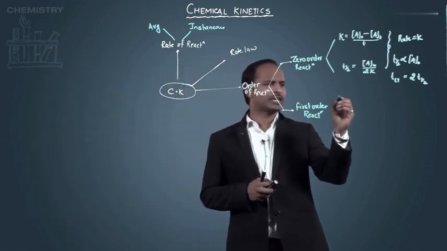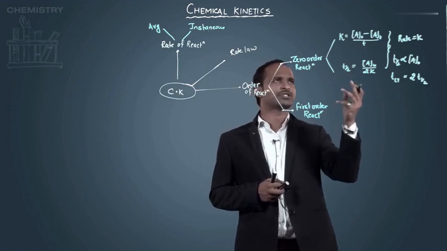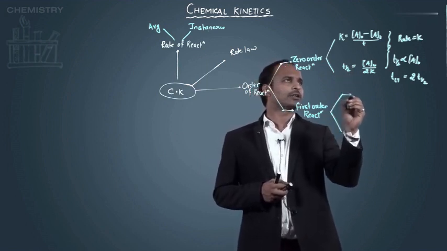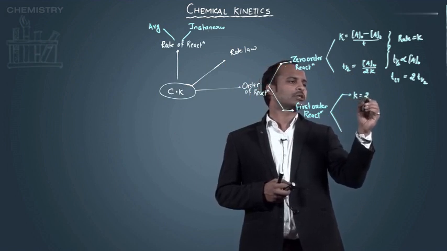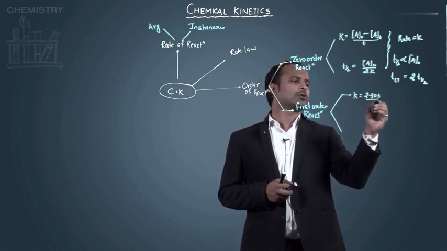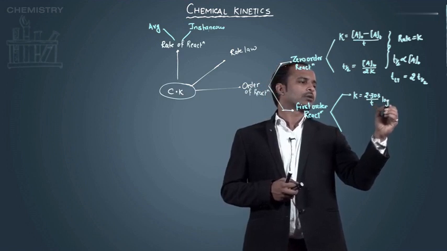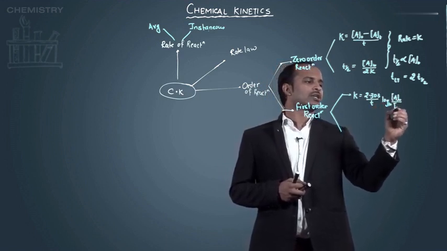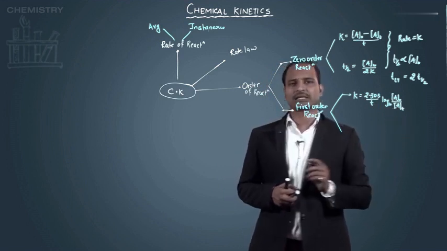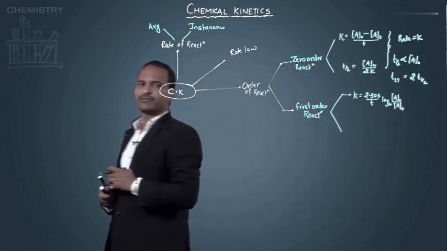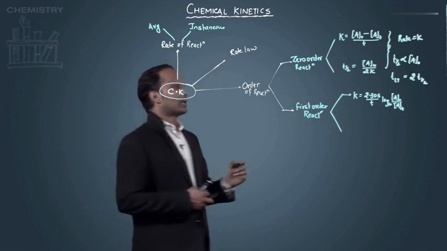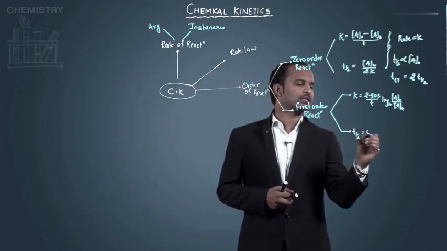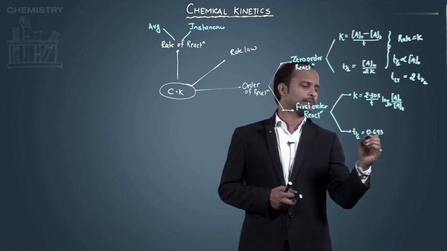Here also we calculated a formula for K: K = (2.303/t) log10 (A0/At), where A0 is the initial concentration and At is the concentration of reactant after time t. For t half we get the formula 0.693/K.